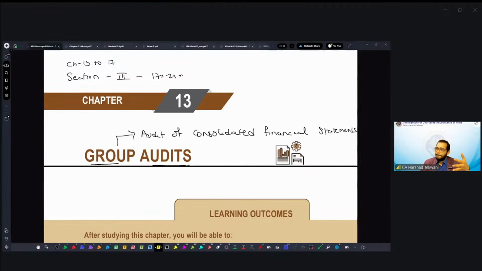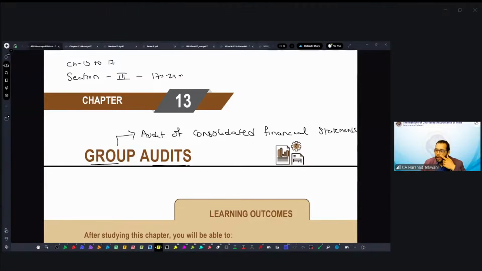Why? Because there are a good amount of amendments in the audit of NBFCs. It is part of the same section, Section 3, where chapters 13 to 17 carry 17 to 24 marks. So chapter number 14, Unit 2, we will start now.